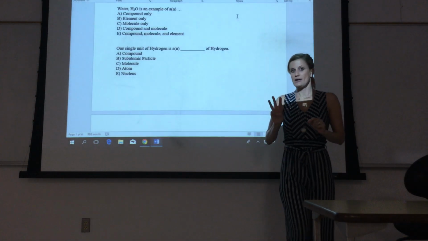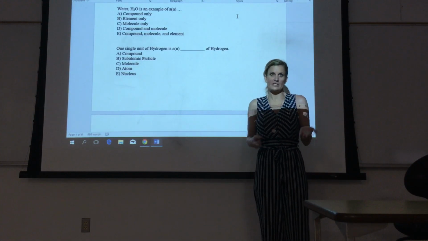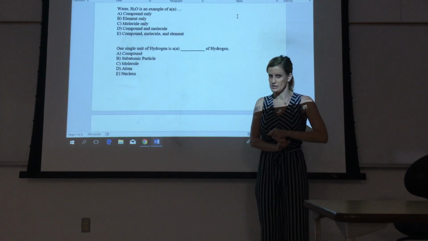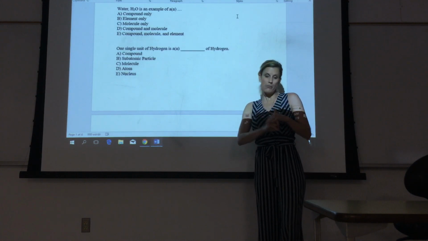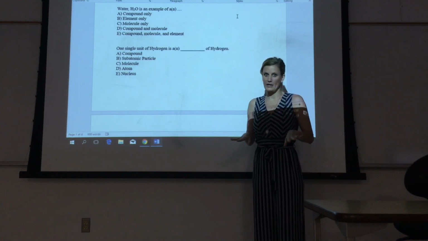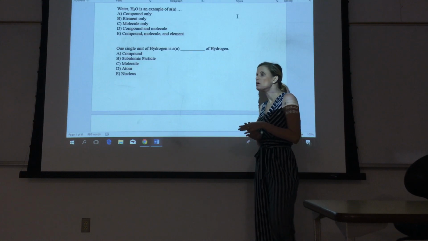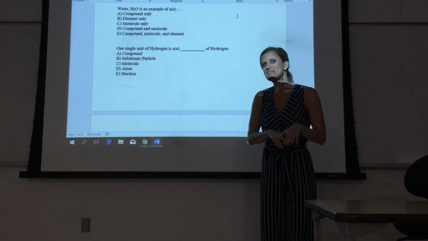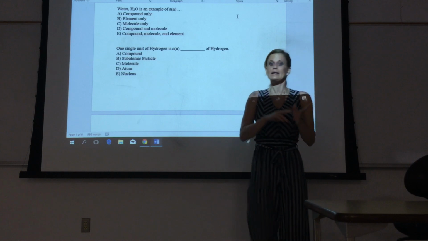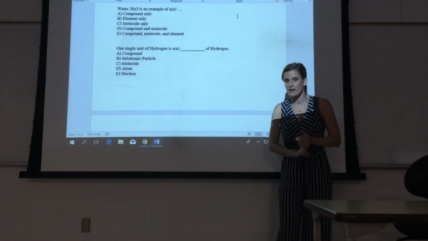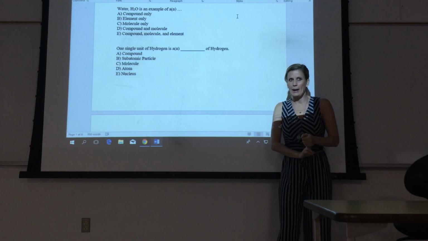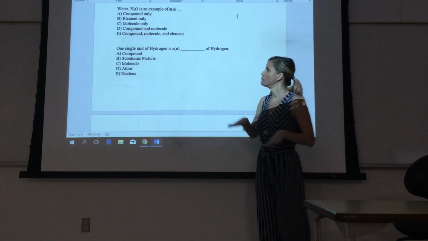So we have 3 different atoms, and we have two elements present: hydrogen and oxygen. Without even looking at my answers, I know that that's a molecule because I have at least two atoms. I also know that it's a compound because I have at least two atoms and two different elements, hydrogen and oxygen. So I know that it's both of those.